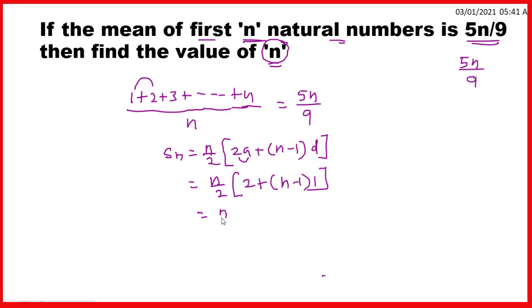Now solve this further. So it will be n by 2 into bracket 2 plus n minus 1. So 2 minus 1 will be 1, and so which is equal to n by 2 into bracket n plus 1.